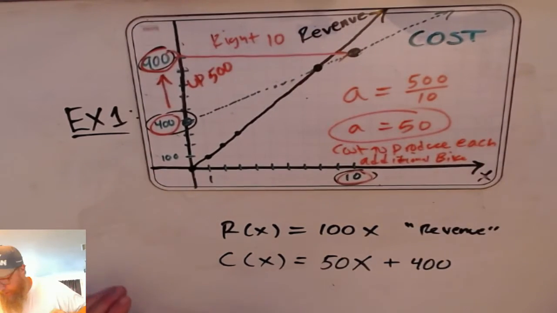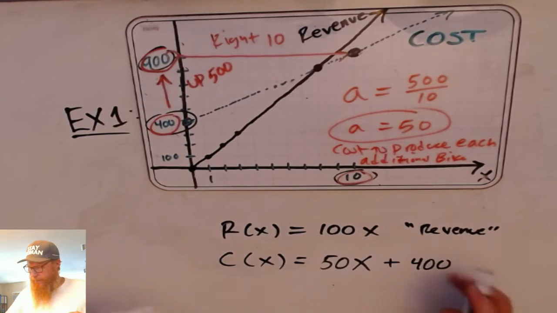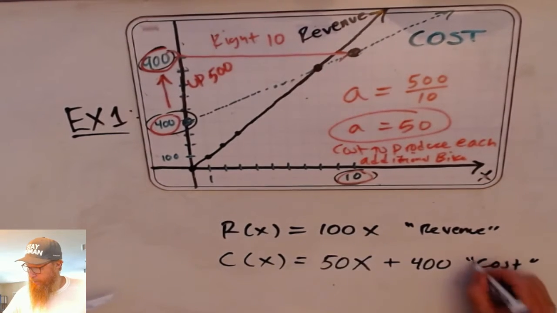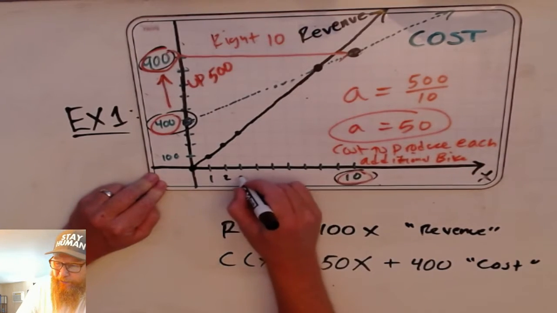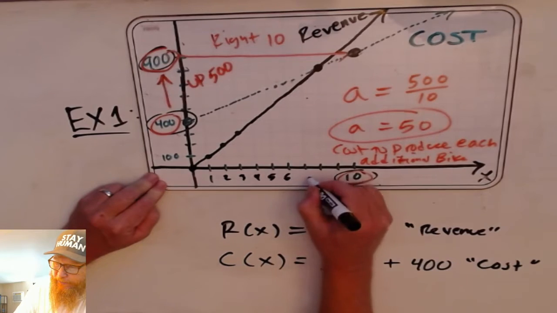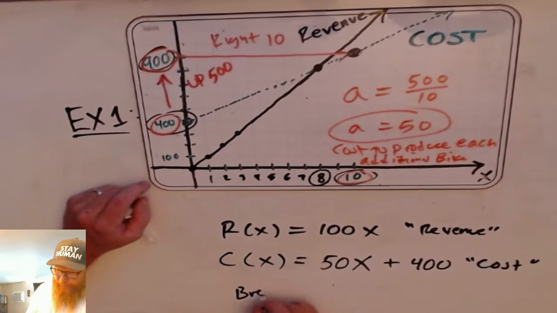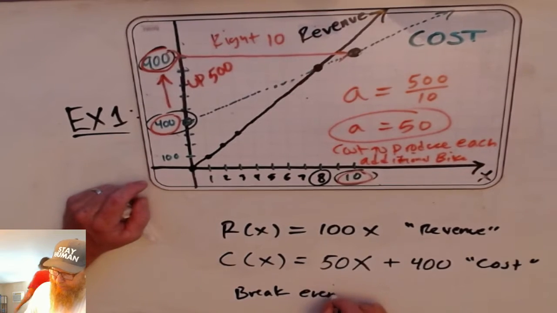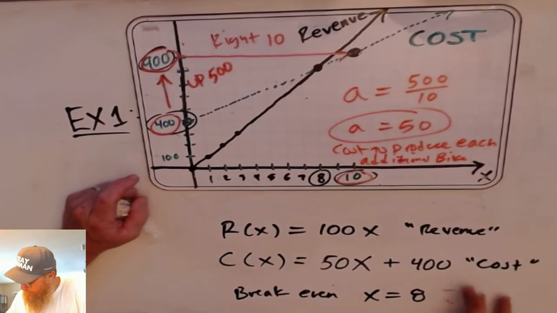That's one of the first questions you'll typically ask. Where's the break-even point? We just look at the graph here. 1, 2, 3, 4, 5, 6, 7, 8 bikes. So you're going to break even. X equals 8 bikes.